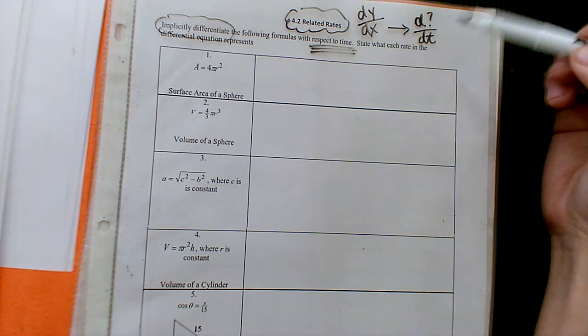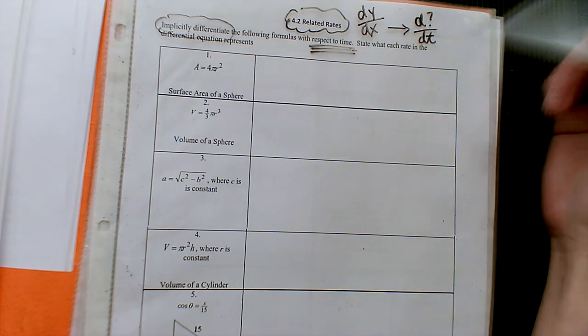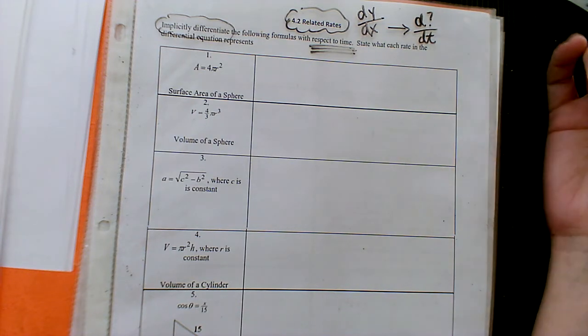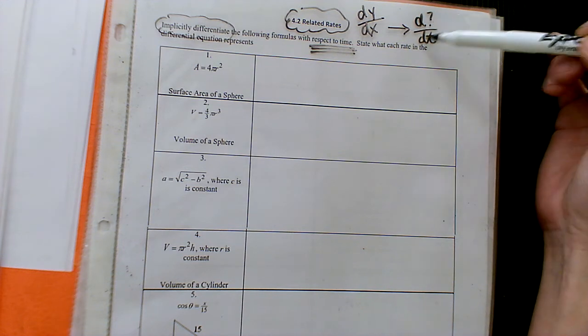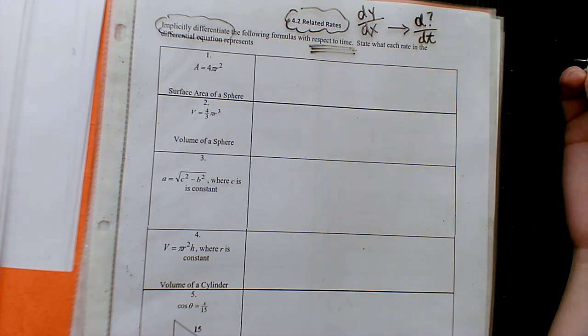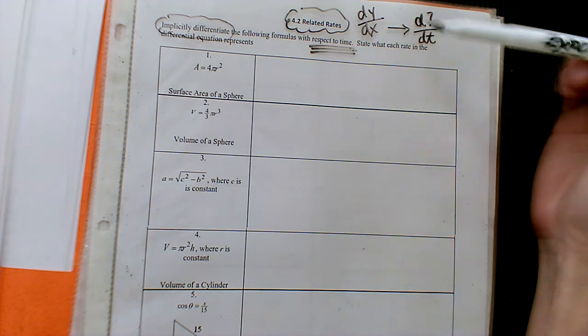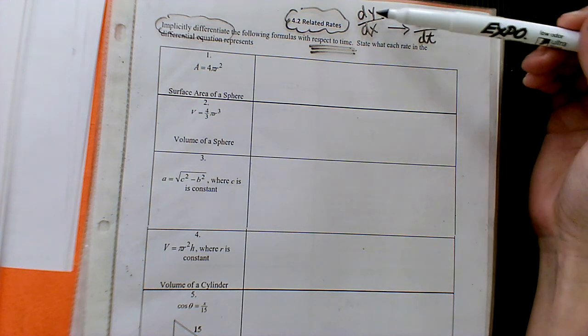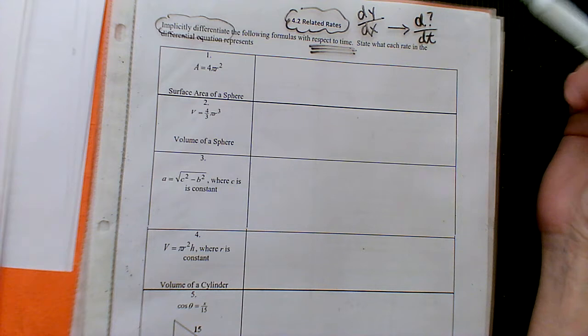With respect to time just means what your independent variable is representing in this case. So if we want the derivative of area, this would be dA over dt. If we want the derivative of a radius, this would be dr over dt. It's a similar concept, just instead of dy over dx, we're now going to have d something over dt.